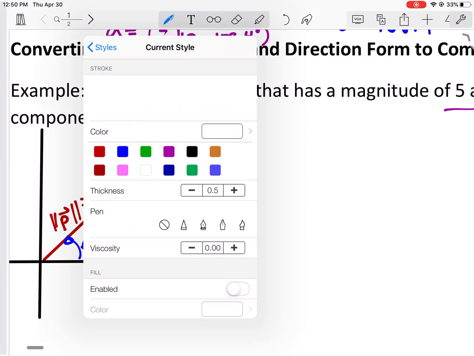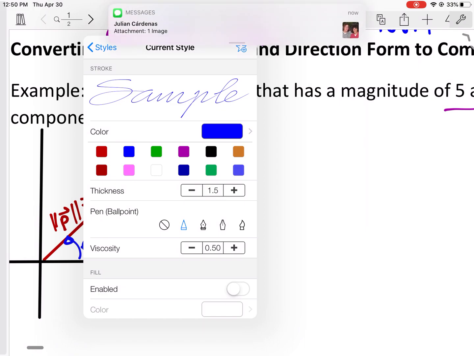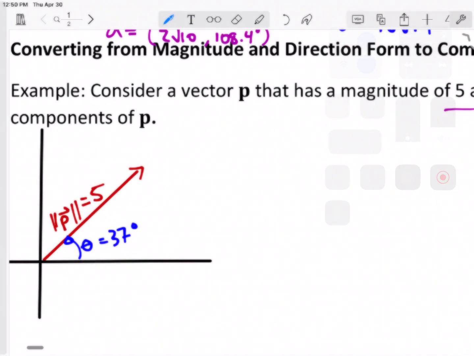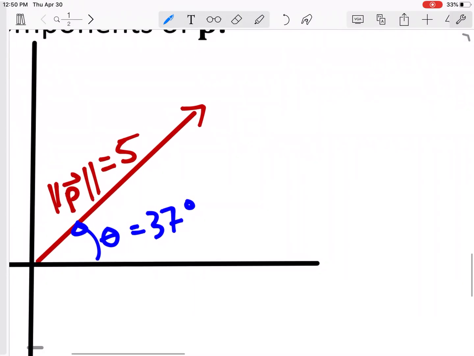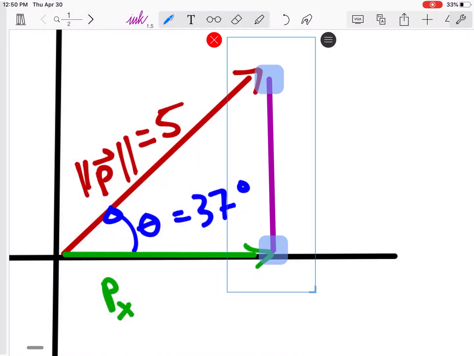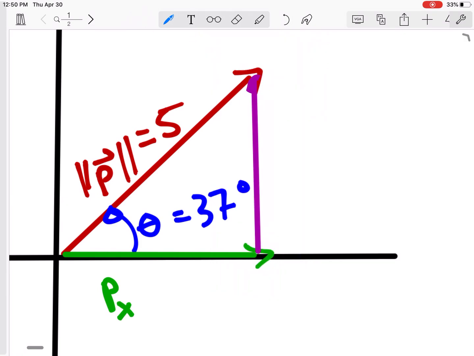What we want to find, though, is what is the horizontal component, P sub x, and the vertical component, P sub y.